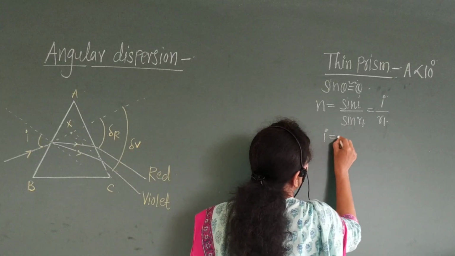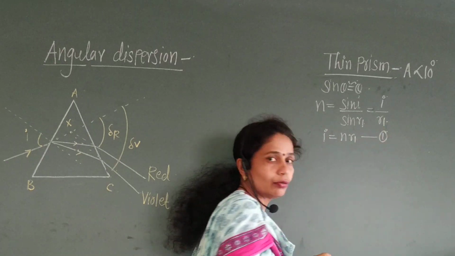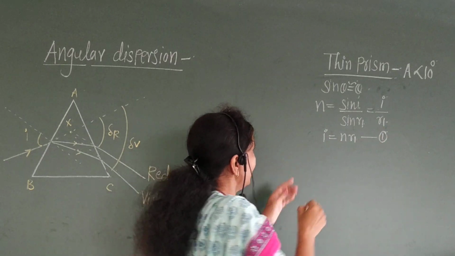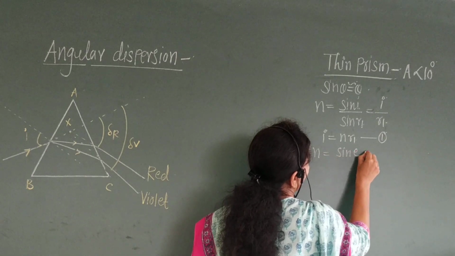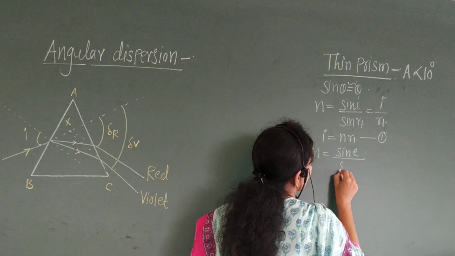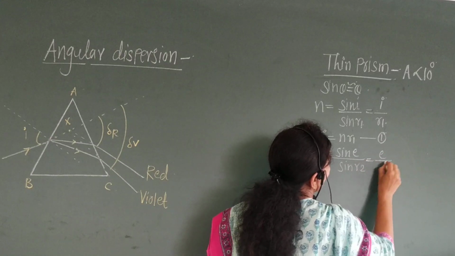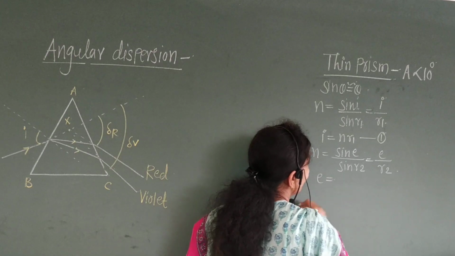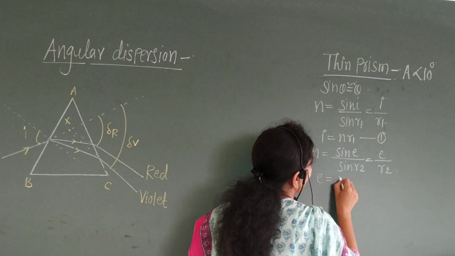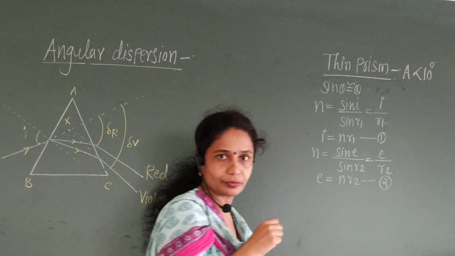Therefore I is equal to n R1, say equation number 1. Similarly, n is equal to sin E upon sin R2, which is equal to E upon R2. Therefore E is equal to n R2, say equation number 2.